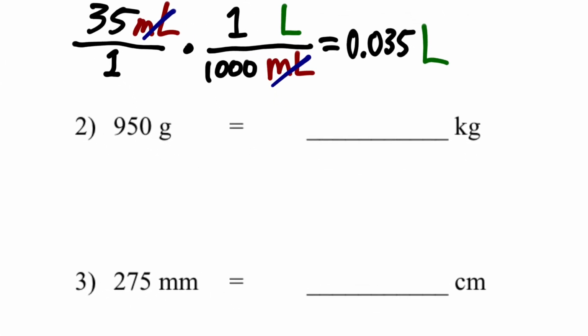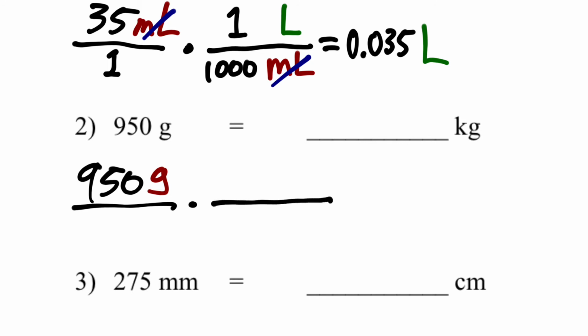So next part is 950 grams, and you should be able to write out the rest of the equation, because in this case it is grams to kilograms. Kilograms is the only one that has a prefix in front of it, and that is the desired unit. You convert using a conversion factor that contains both grams and kilograms.